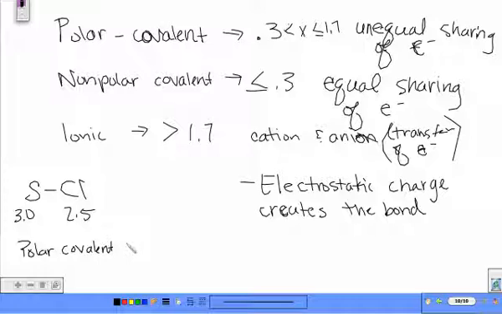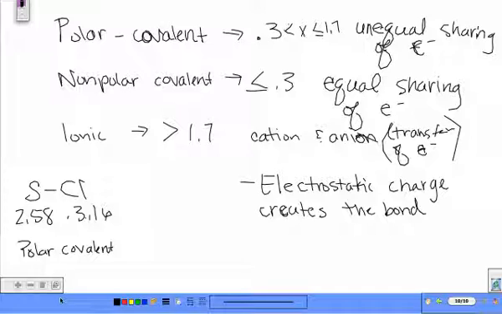I think I used a different chart, and they only rounded to 1 decimal place. They have a little different. I don't know. Do you have your chart out? Okay. Let's use your numbers that you have then. It's still polar covalent though, right?